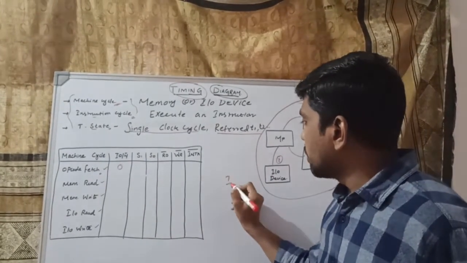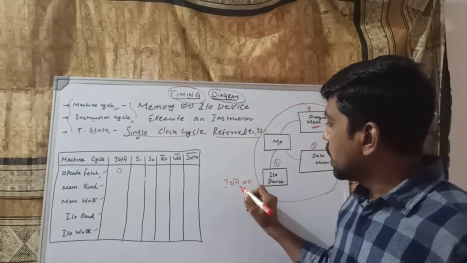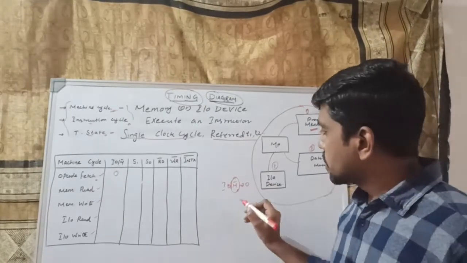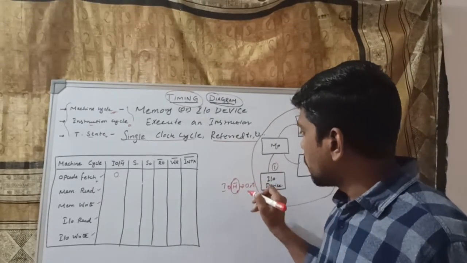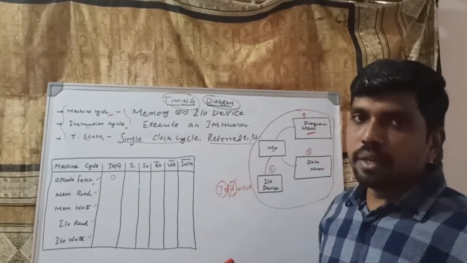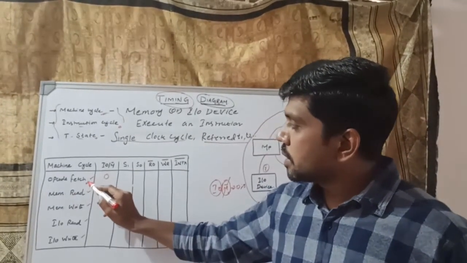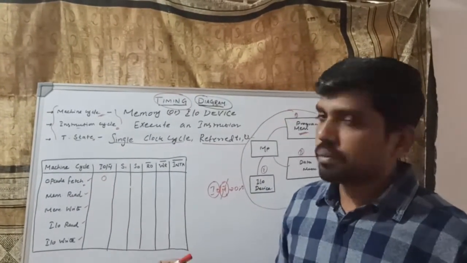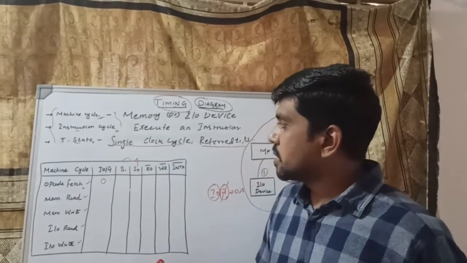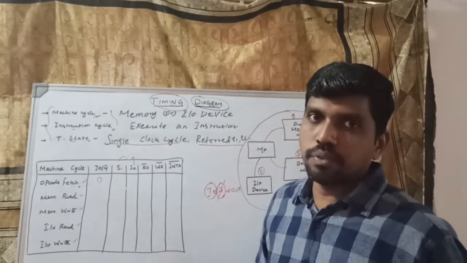Here I am writing IO/M bar. When this value is 0, M is an active low signal, so only memory is enabled. If this value is 1, then IO is enabled and memory is disabled. The first condition is opcode fetch: the instruction is fetched from memory. These two signals, S1 and S0, indicate the status, whether it is a read, write or fetch function.